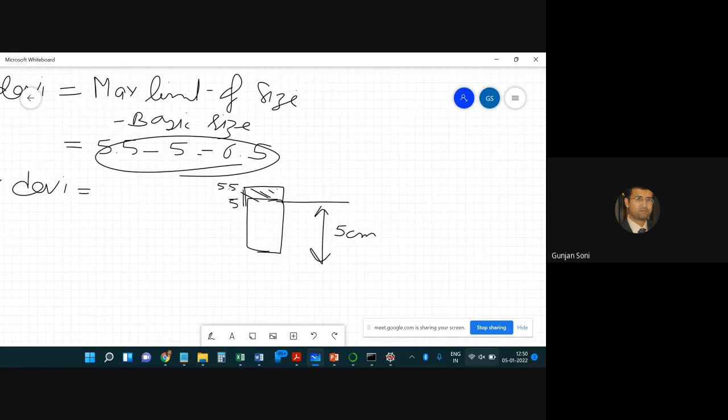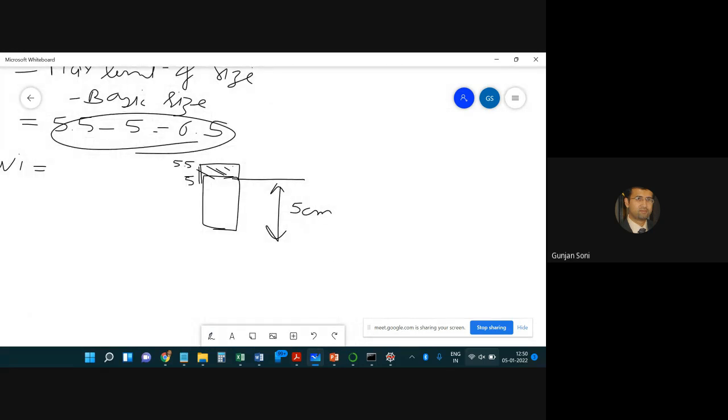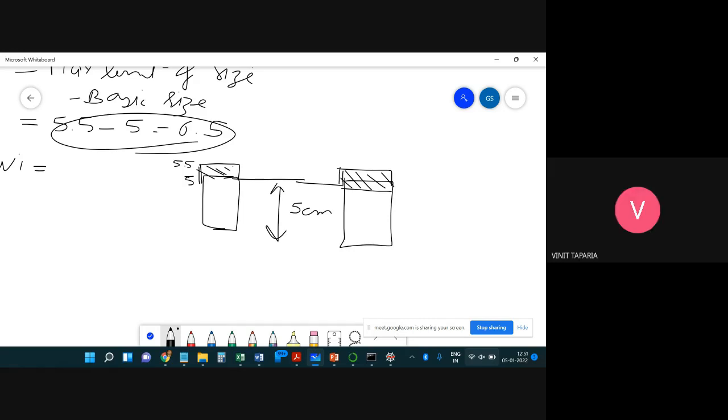So if it is getting divided into half, now what will happen is slightly above and slightly below. Now, as you were saying, we are just adding tolerance. You said the maximum limit is basic size plus tolerance size, right? You said tolerance on the positive side, which you corrected later.